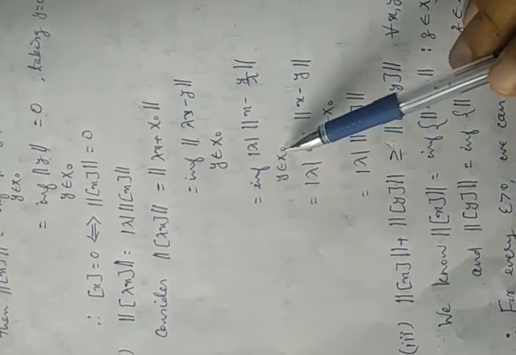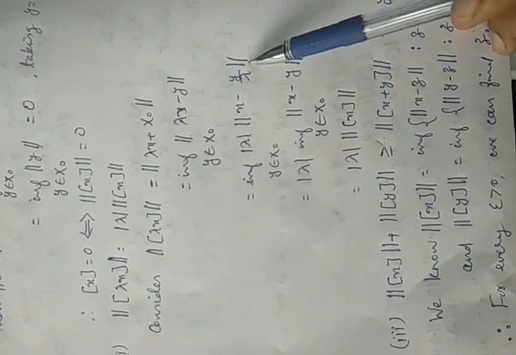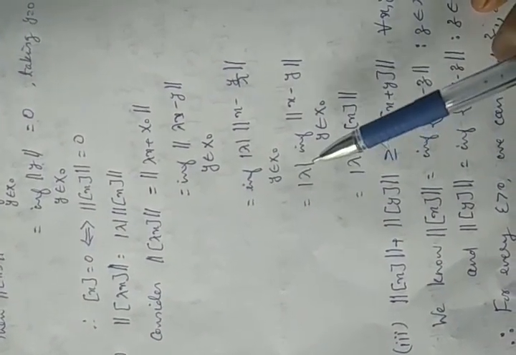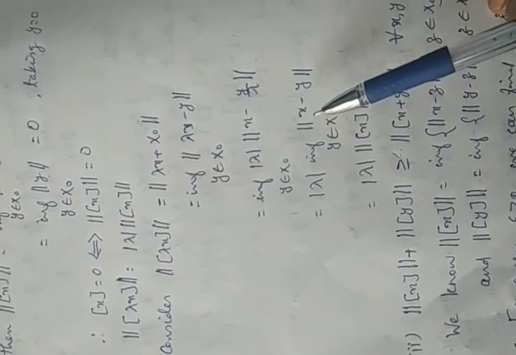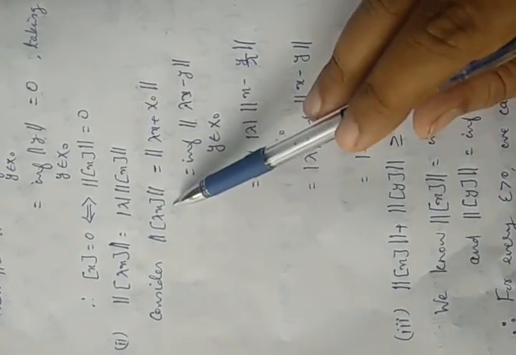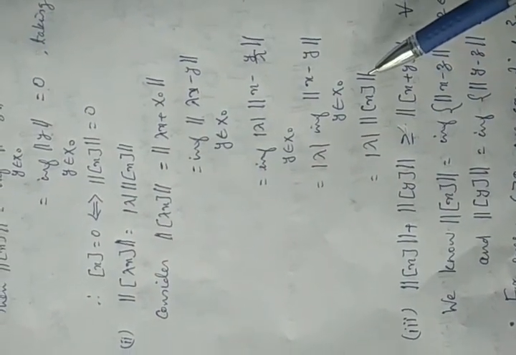Now y is a vector of x naught and x naught is a subspace, so y by lambda is again a vector of x naught. So we rename this vector as y. So we have mod lambda times the infimum of norm of x minus y, where y belongs to x naught, and this is equal to the norm of class x. So we have the norm of class lambda x is equal to mod lambda times the norm of class x.